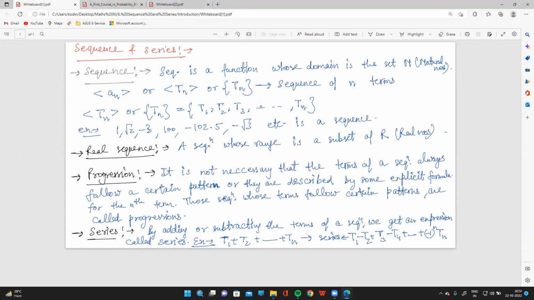So there's a sequence. Now, what is a real sequence? A real sequence is that sequence in which all the terms are real numbers. That is, the values of the terms are real numbers only. Just like this is a real sequence. This is a real sequence, right?